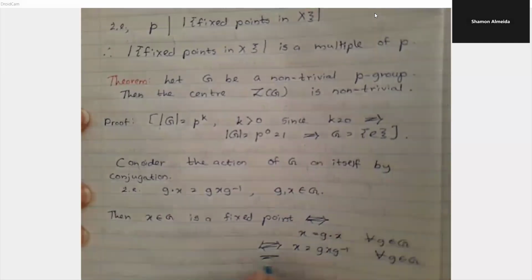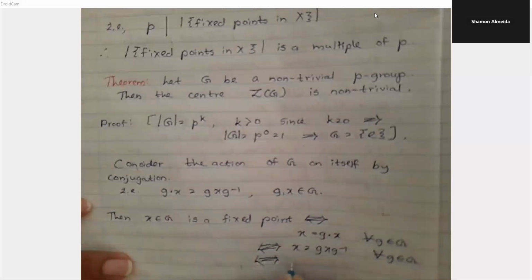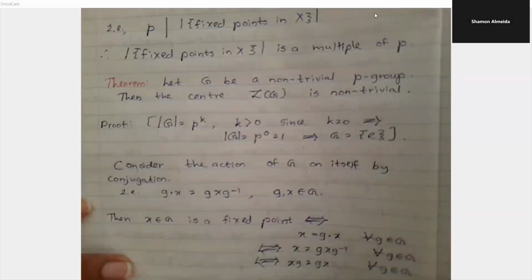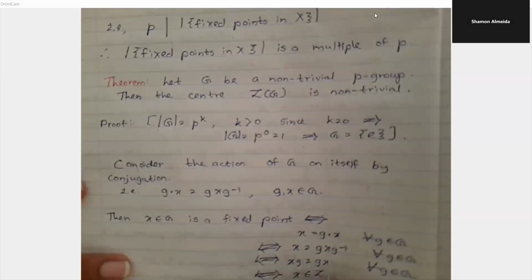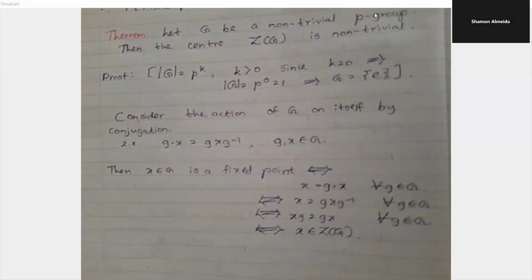By multiplying both sides on the right by g, you see that this is x g equals g x for all g in G. In other words, by definition of the center, we see that x belongs to the center Z of G. So what does it tell you? Every fixed point is an element in the center. Every element in the center is a fixed point, right?